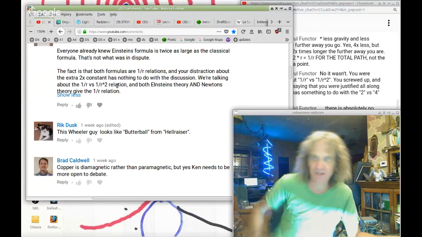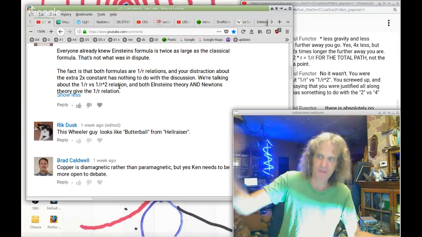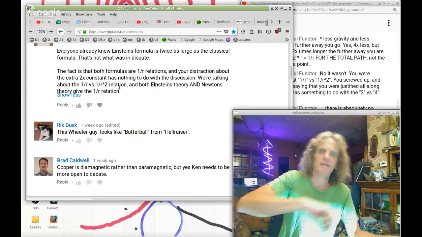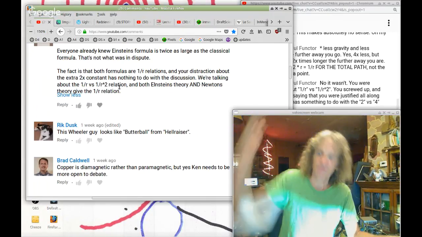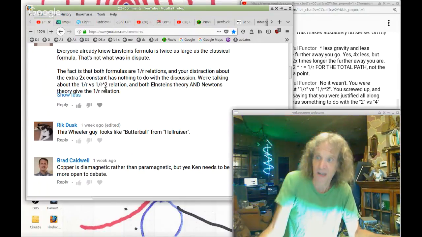There's no such thing. The two formulas are completely different. The force formula versus the formula to predict the amount of deflection going into an orbit. The two formulas, one's a derivative of the other one. To sit there and say that, you're just playing a word game.